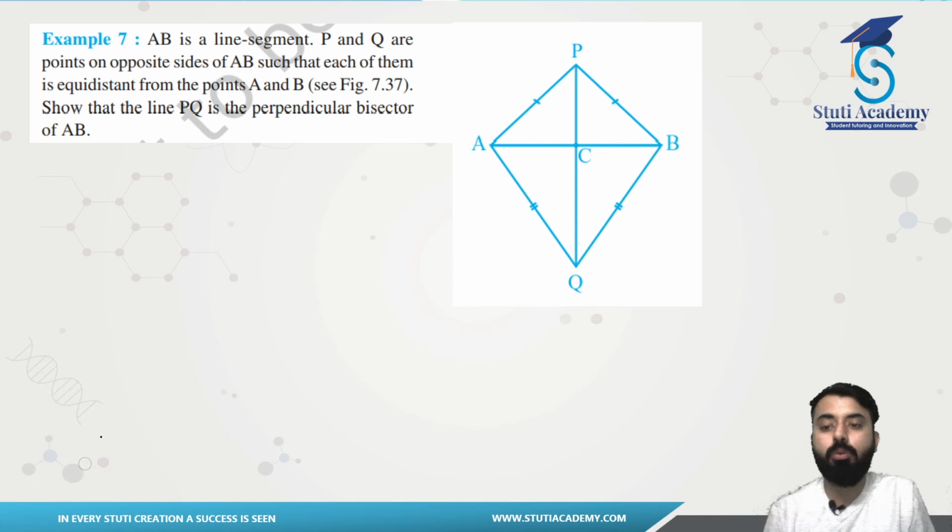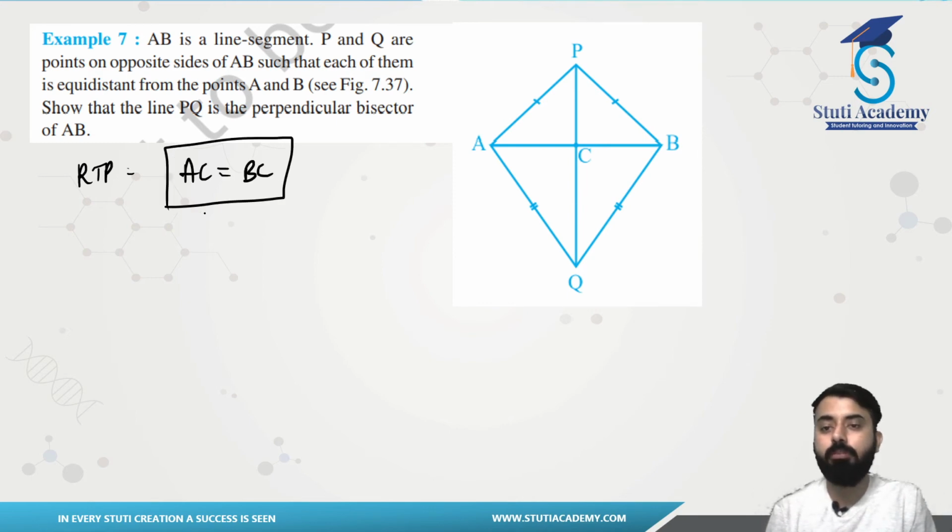Now this is quite easy and quite interesting. Now guys, see, what is required to prove is AC should be equal to BC. This we have to prove. Now coming to the solution.